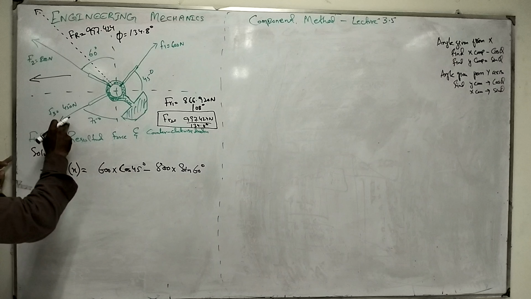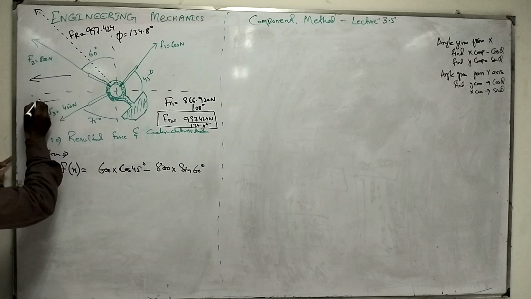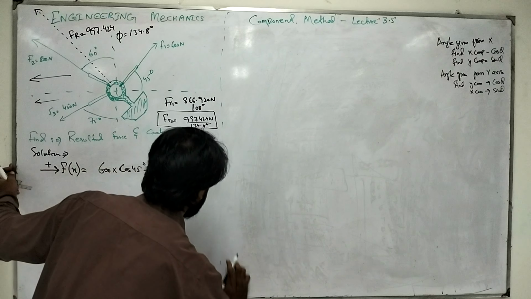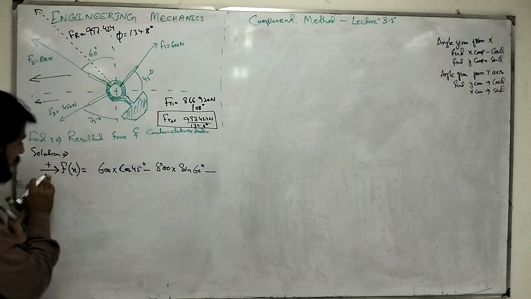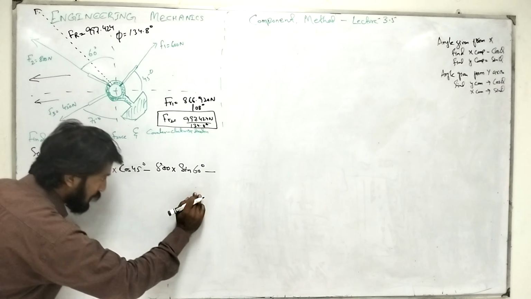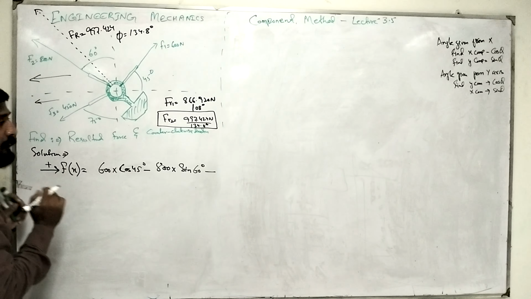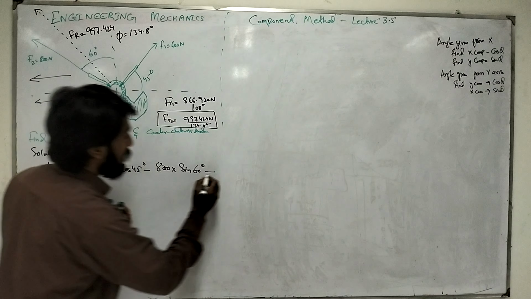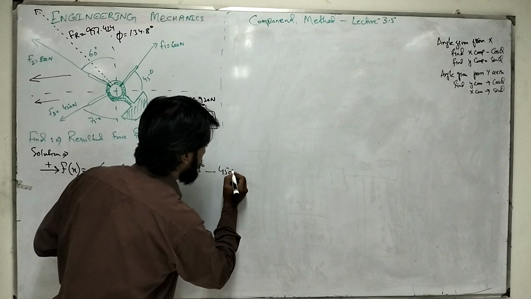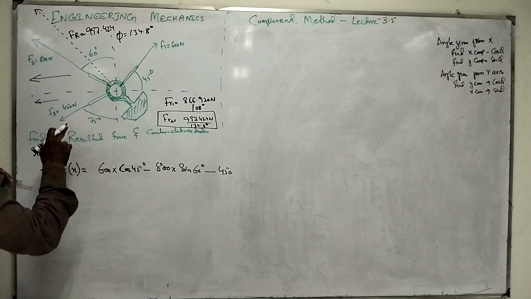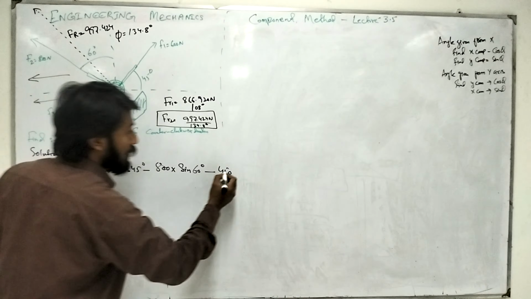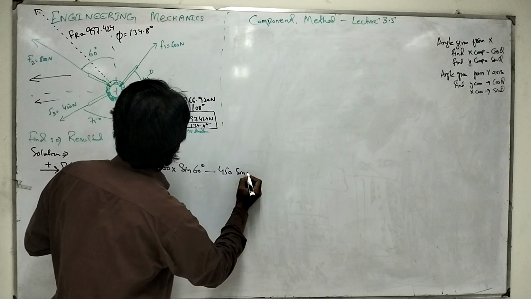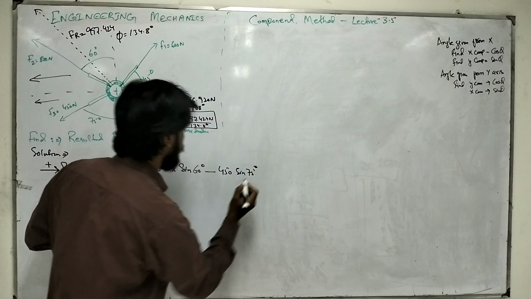Then we have this third force over here. It is also pulling in this direction, so it will also be negative, because I am taking all those forces which are moving in the positive x direction as positive. So this will be negative, and we have 450 Newton, and we have the angle from the y axis and we need to find the x component. So we will have sine 75 degree.